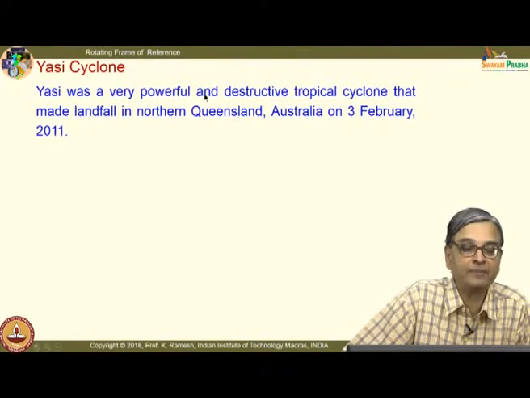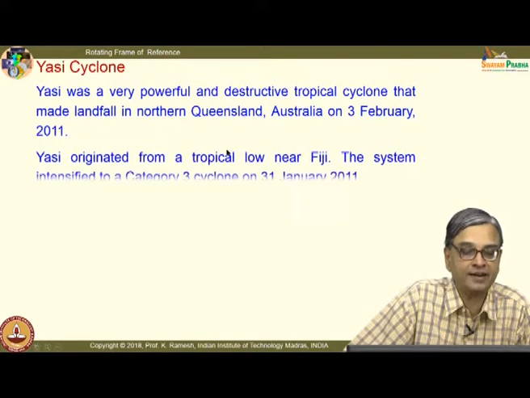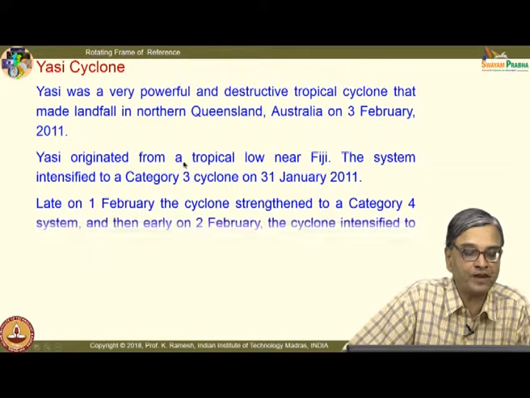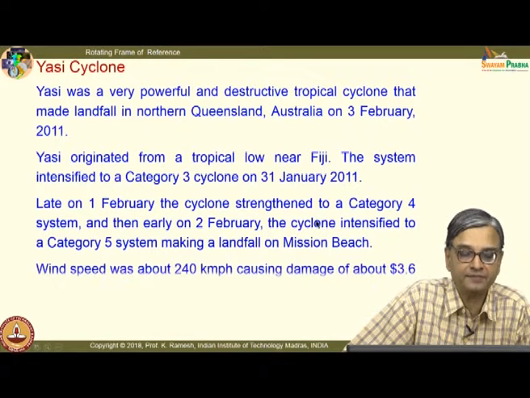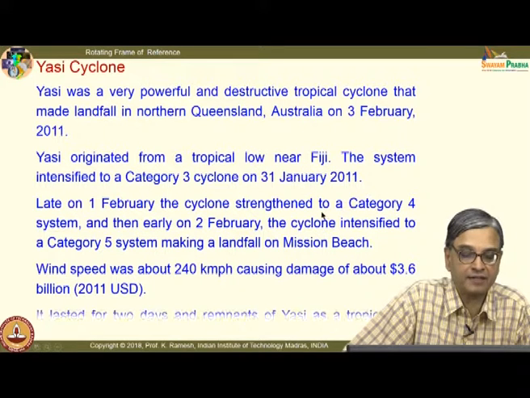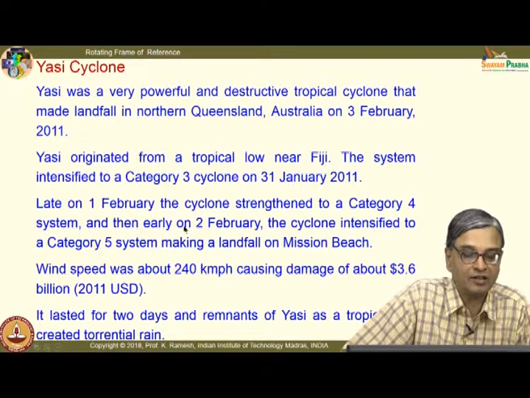It was a very powerful and destructive tropical cyclone that made landfall in northern Queensland, intensified to category 3 on 31st January 2011, and strengthened to category 4. Then on 2nd February, the cyclone intensified to category 5, making landfall at Mission Beach.